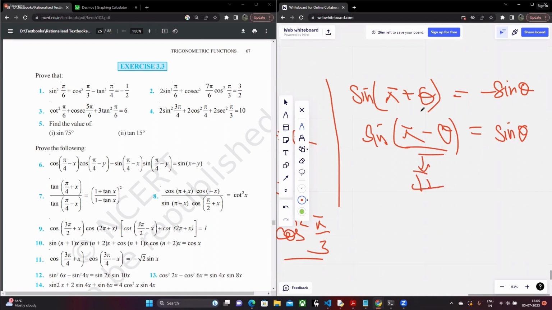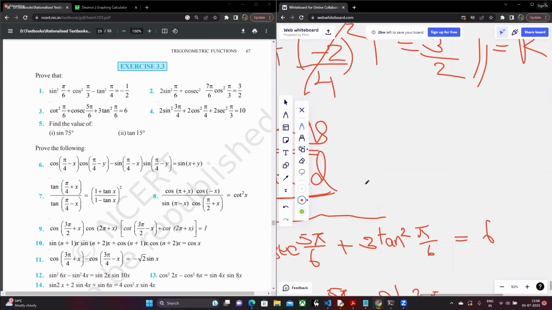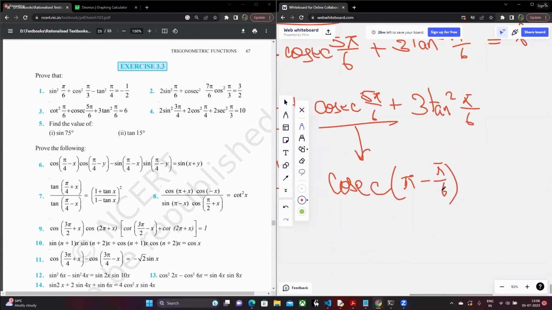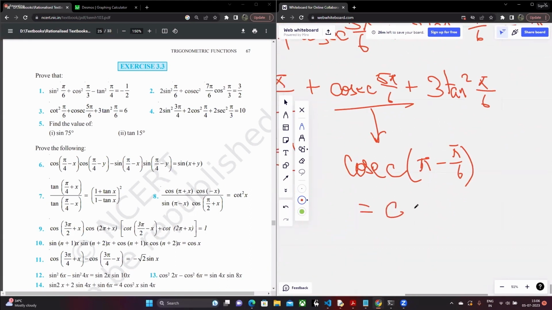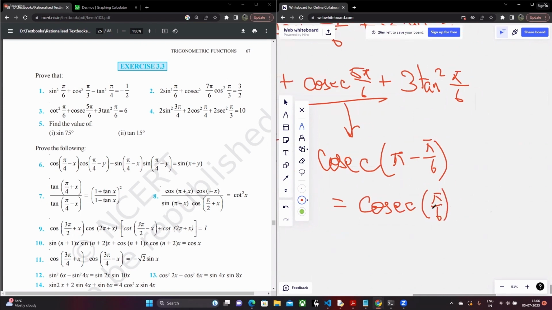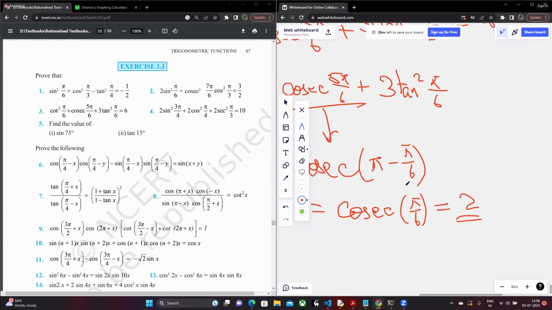Pi is basically 180, so this is sine of 180 degrees minus theta in degrees, which lies in the second quadrant, and in the second quadrant sine is positive. So cosecant of pi minus pi by 6 is equal to cosecant pi by 6, which is equal to 2.